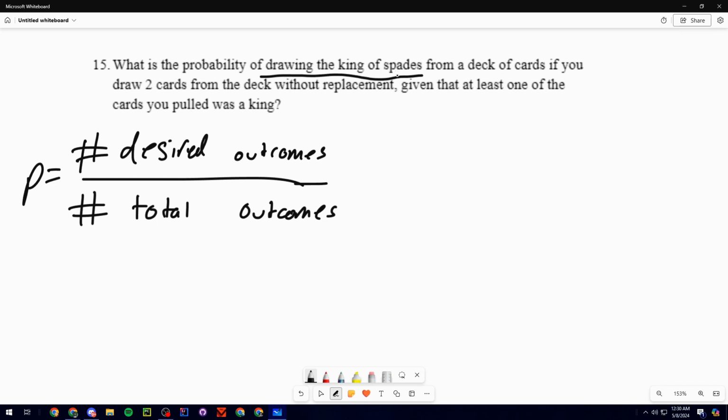So if I have two cards, I'll just say C1 and C2. If one of them has to be the king of spades, the other one, there's 51 other cards to choose from that aren't the king of spades. And so therefore, the number of ways to choose two cards where one of them is guaranteed to be the king of spades is just equal to 51, right?